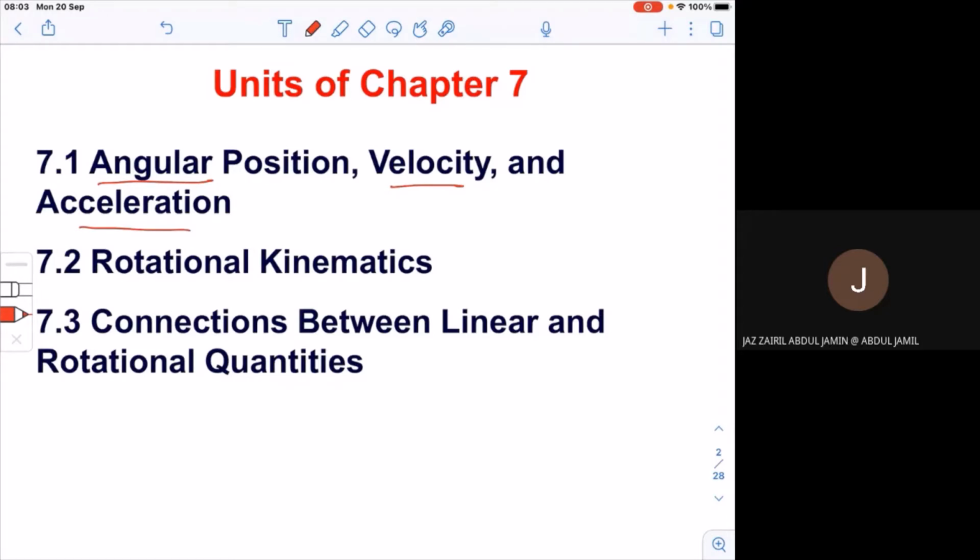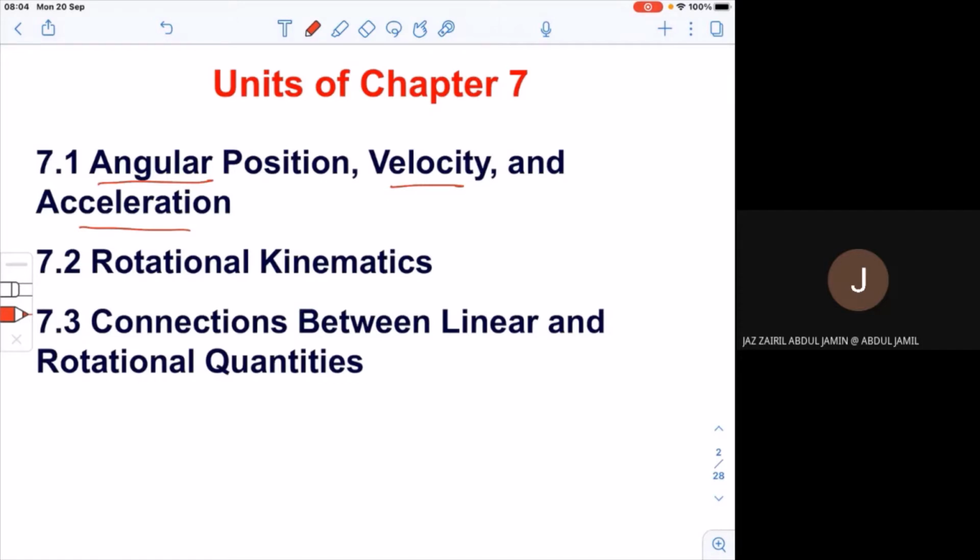But basically we must base on whatever we have learned in chapter 2, which is the kinematics. Try to imagine that you are going to learn things related to kinematics but in rotations. After that, we will look further at what we can do with the angular position, velocity and acceleration in terms of equations.